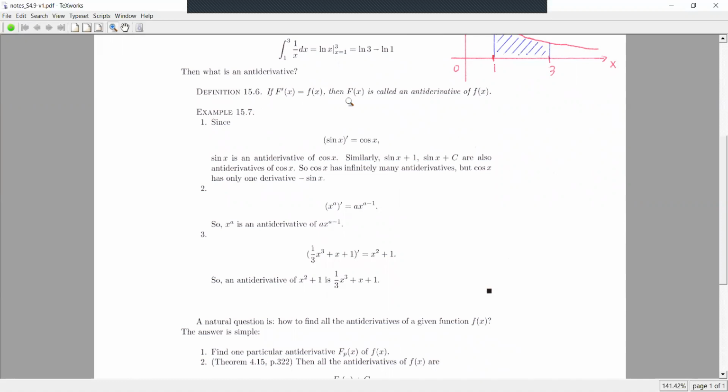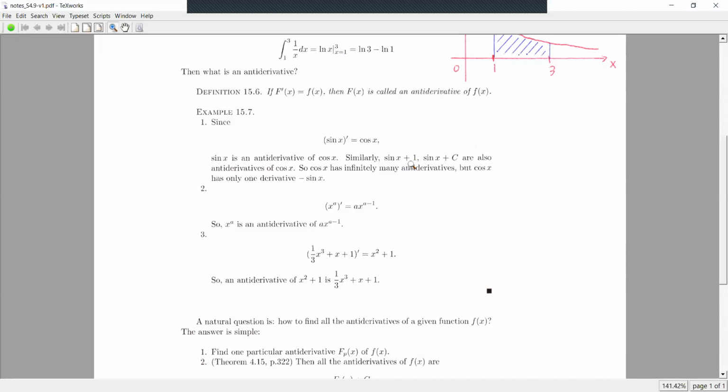For example, sine's derivative is cosine. So sine is an antiderivative of cosine. Similarly, sine plus 1 has derivative cosine. So sine plus 1 is an antiderivative of cosine.